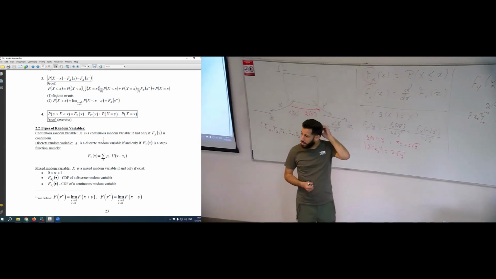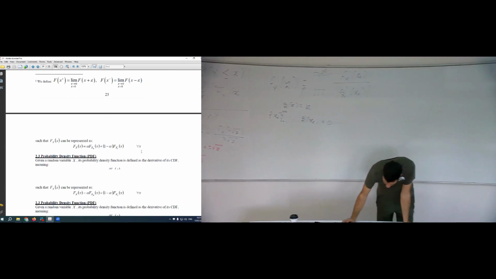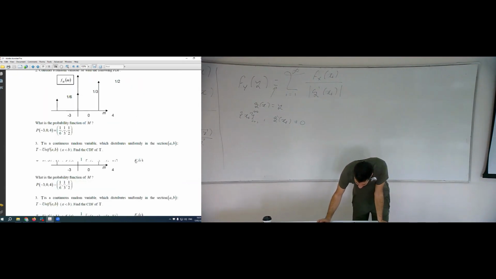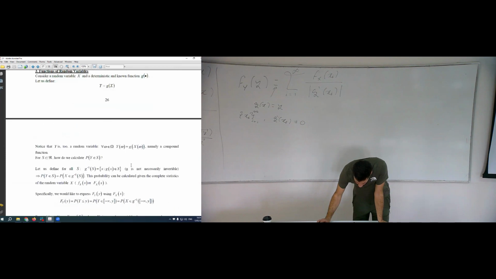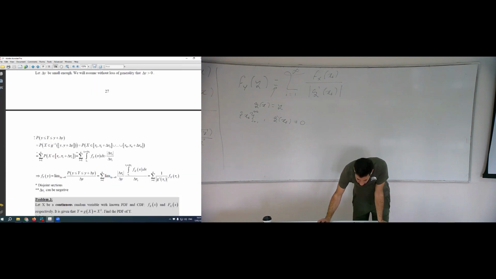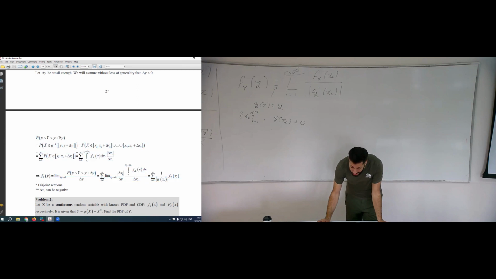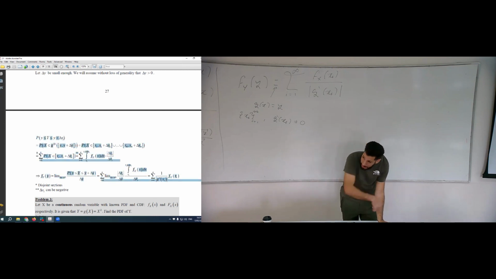We can prove it. How to prove it? We calculate the probability of y being between y and y plus delta y, where this delta y is the image of some delta x.